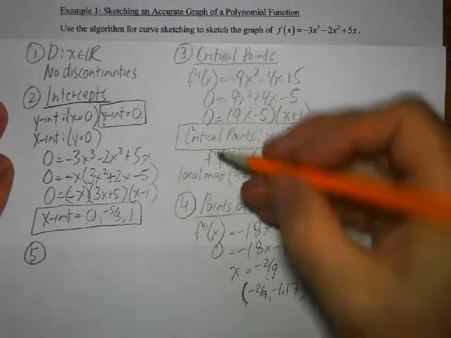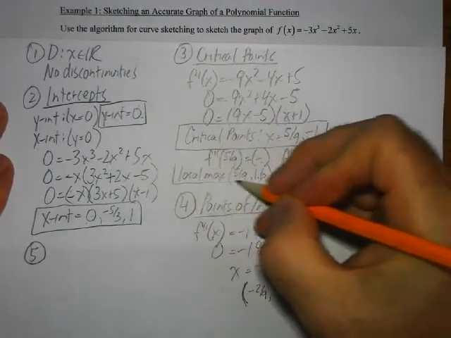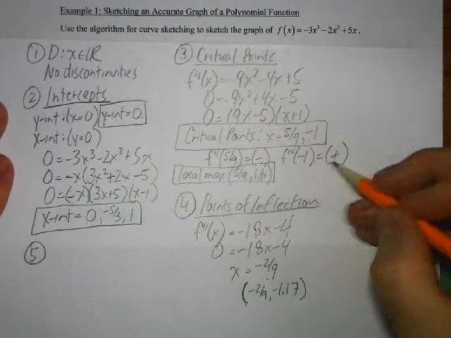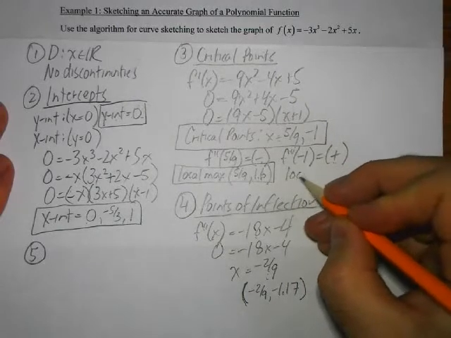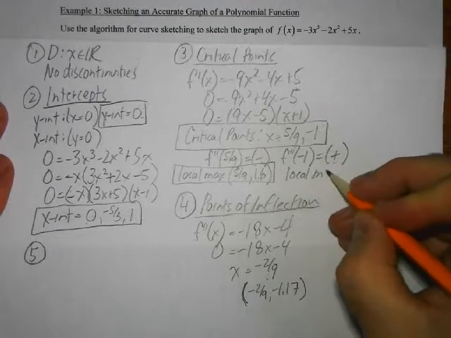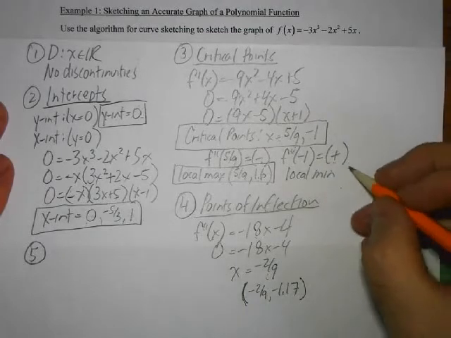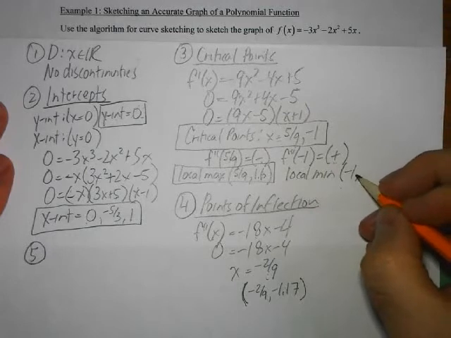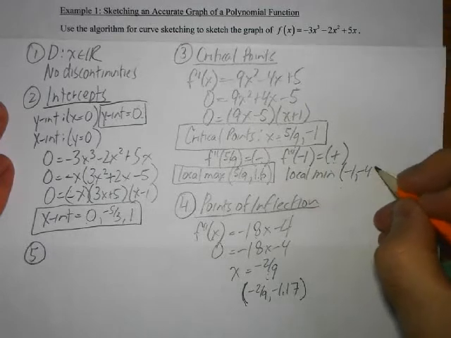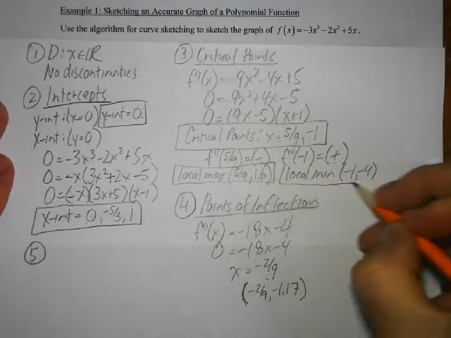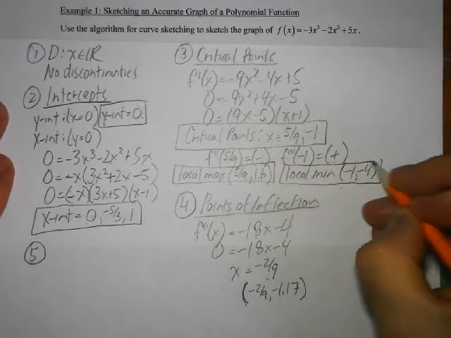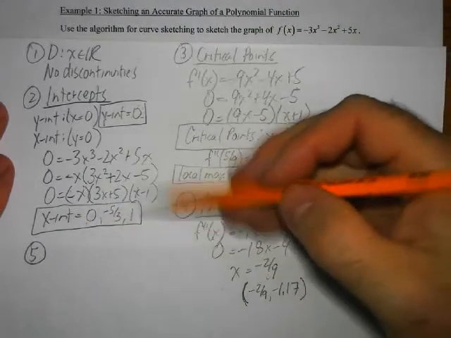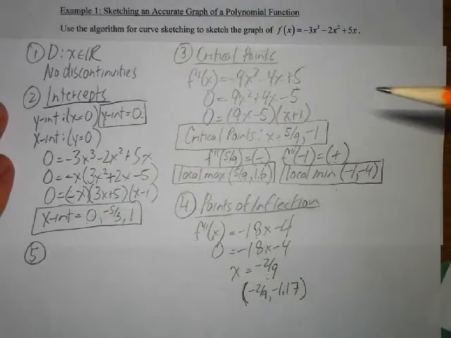So that's a local max at that point. And since this second derivative is positive, that means that point is a local min, and that's at the point -1, and this one actually works out to -4. So that's 100% accurate. Okay, so we've now got local min, local max, 3 x-intercepts, a y-intercept.